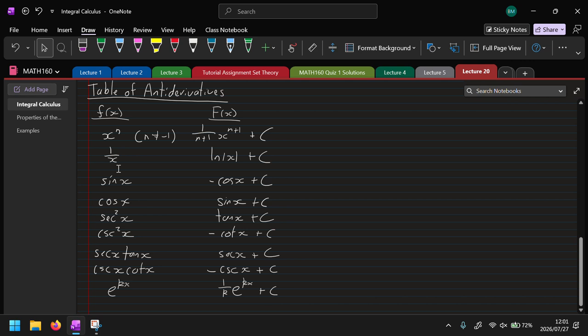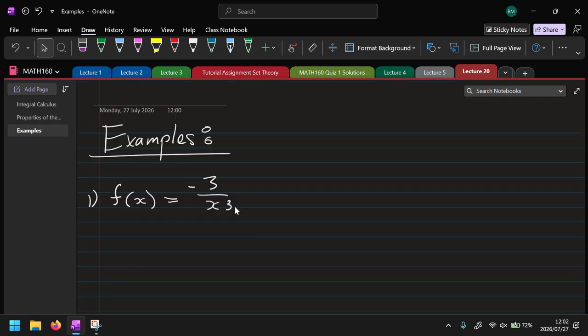Okay, it's not in the table. Do we give up? No. We make it look like something that's here. We can make it look like that first thing, x to the n, for the nice case of n being minus 3. Okay, so just because it's in the bottom doesn't mean it's not that case 1 of x to the n. It just happens that this n is negative.